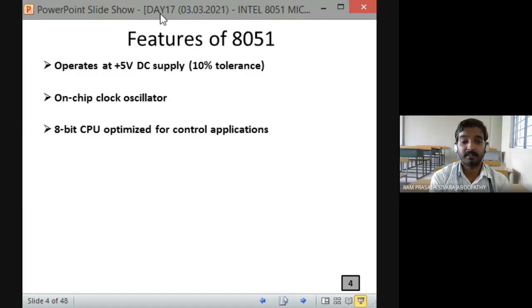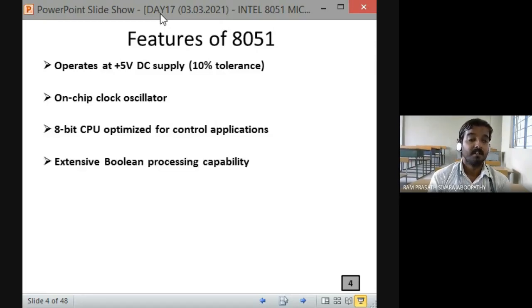Like 8085, it is also an 8-bit microcontroller because it has a CPU core of 8 bits. Yes, extensive Boolean processing capability. This microcontroller has a CPU which can perform a large number of bit operations. That we call extensive Boolean processing capability.